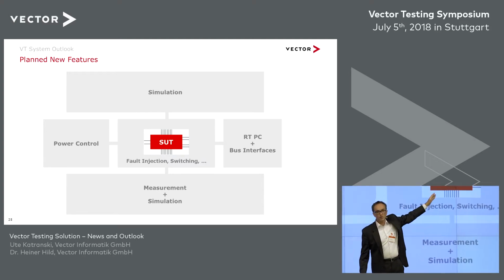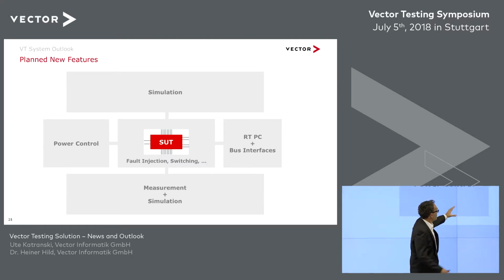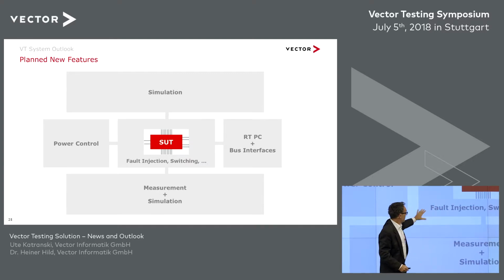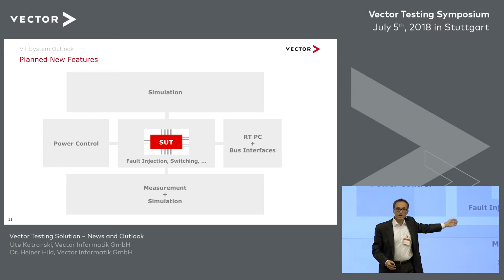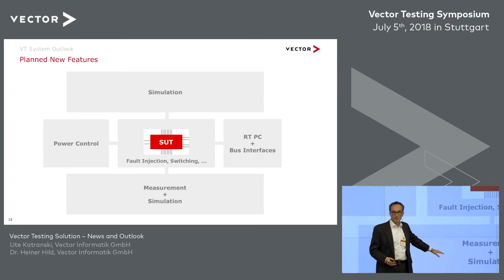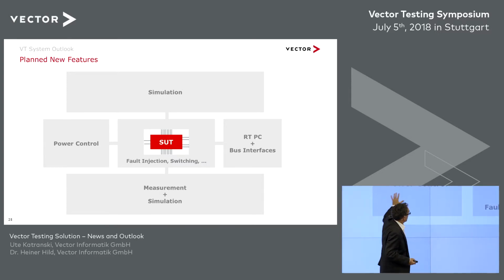So we place ourselves underneath a system, which in the extreme case may be an entire vehicle. We place the entire system around that. We've got fault detection or a switching unit, so we can simulate and serve system inputs, but we can also analyze, measure and simulate, working on the outputs.